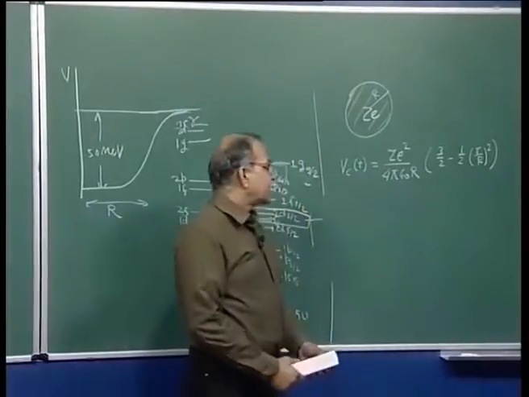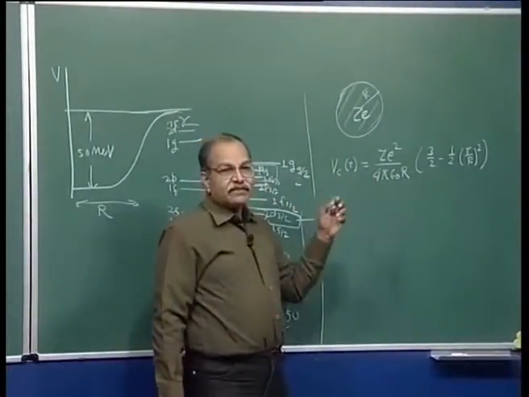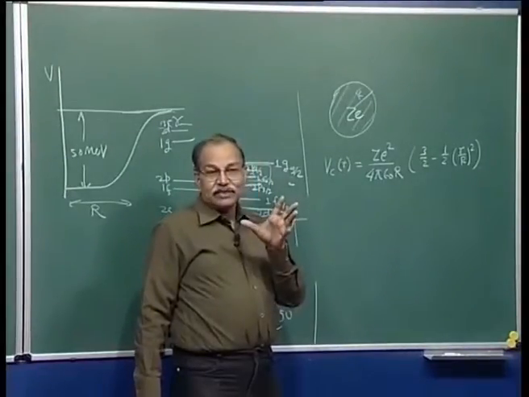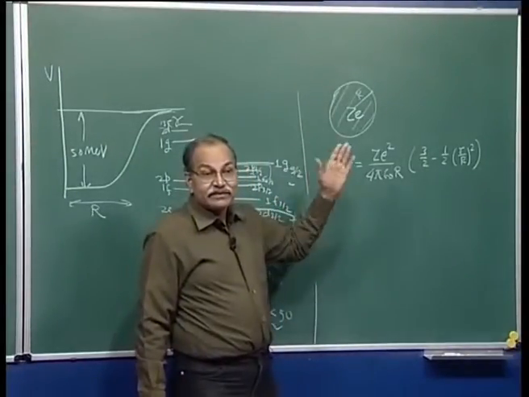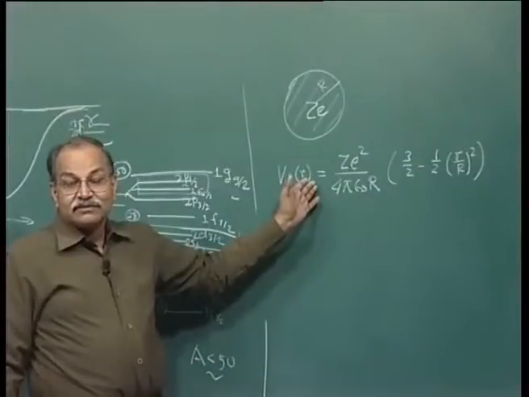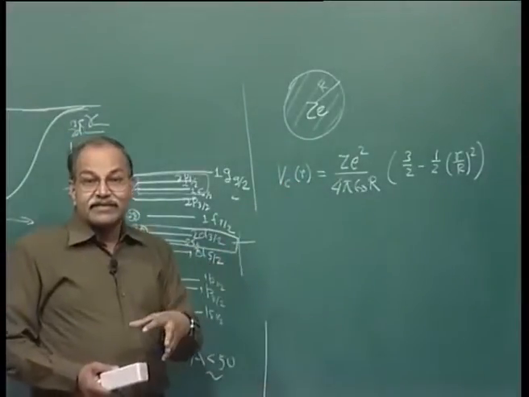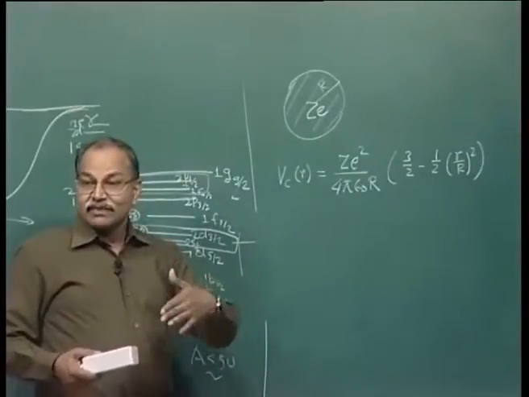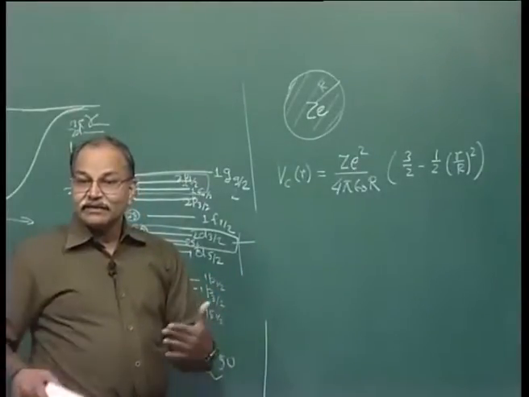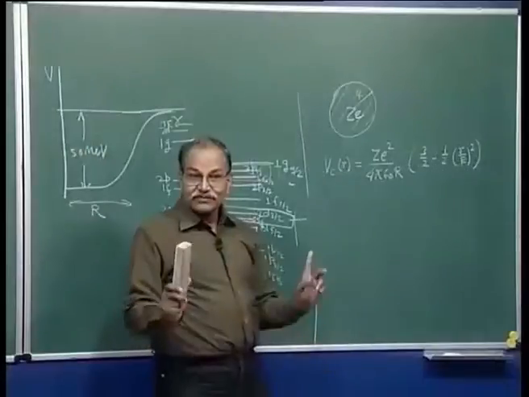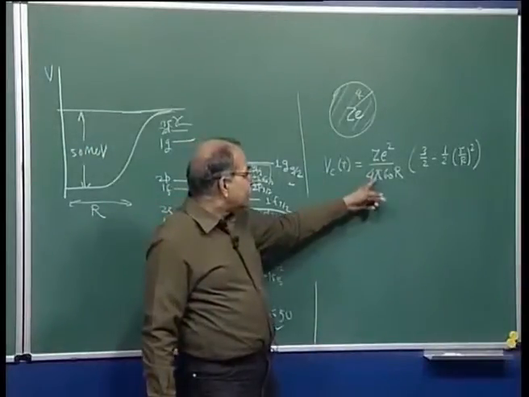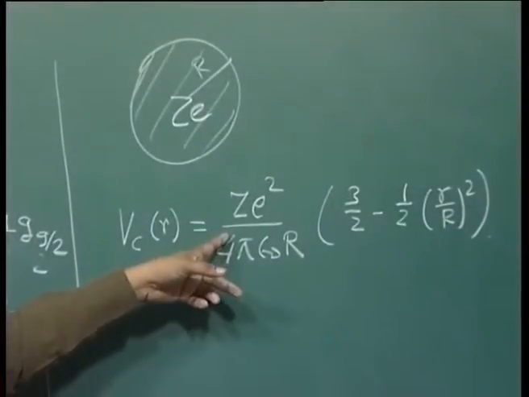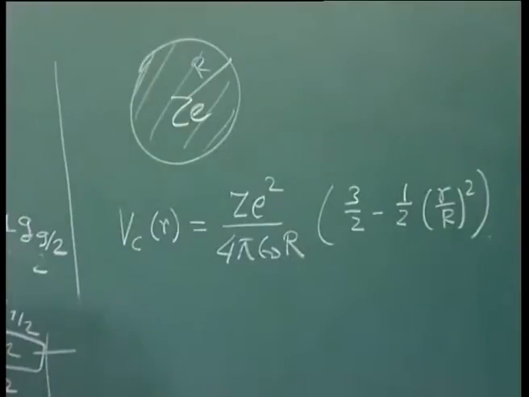We had derived this when we were considering the radius of the nucleus, in the initial lectures, and how the electrostatic interaction between the nucleus and the electron changes the energy, the X-ray energy, K alpha energy, all those things we had discussed. So, we had derived this equation at that time. This is class 11th. So, the Coulombic potential is like this.